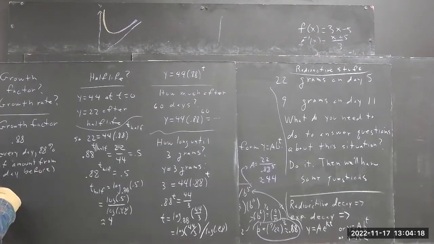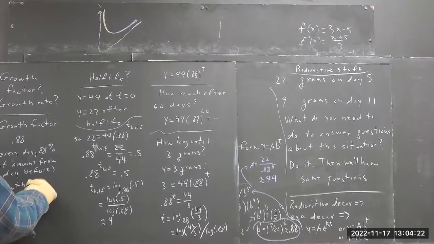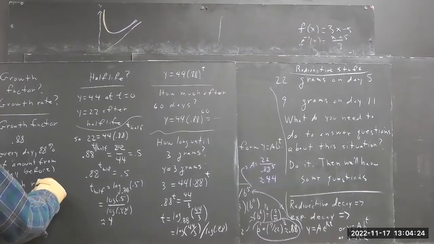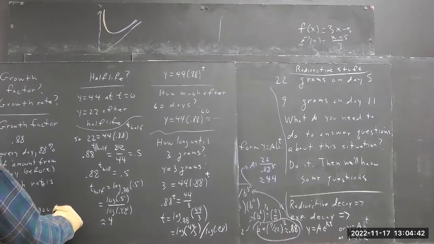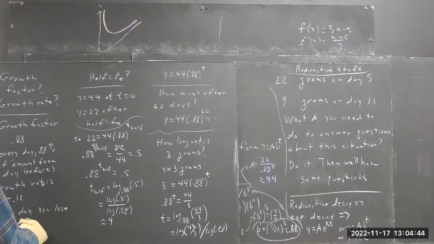The growth rate is negative 0.12. There's a formula for that, but all this is saying is every day you lose 12%.